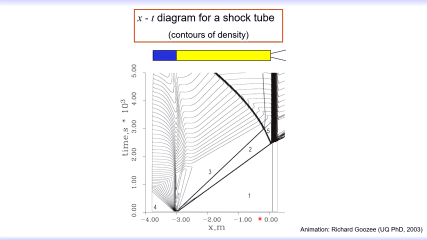So this is distance along the tube horizontally, and this is time vertically. In this case our tube is about 4 meters long, and we're looking at milliseconds of time, so that's up to 5 milliseconds. And if we look at contours of density within the flow, we can actually see this shock wave travelling down the shock tube and reflecting off the end, and this other line here is the interface between the expanded driver gas and the shock tube gas following down behind it.